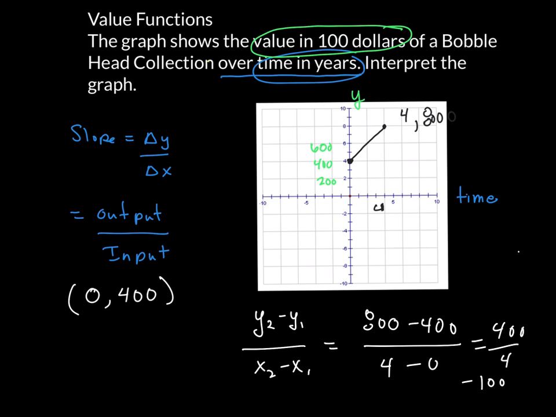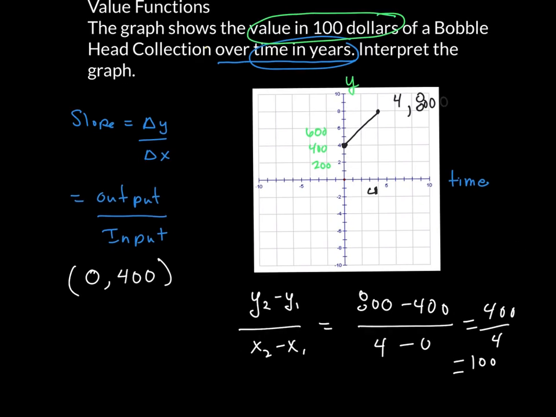But what are the units? Because the units are extremely important when you're dealing with this. I'm going to go back to my y over my x, my output over my input, which is going to be my dollars over years.